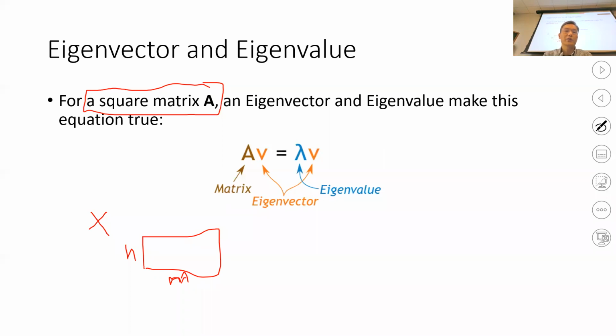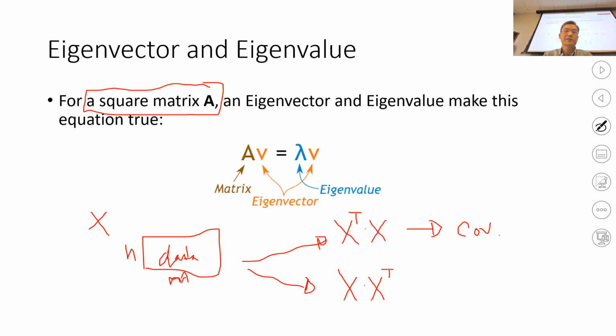But what you can do with non-squared data is make it a squared matrix by doing X transpose times X. In this way, you basically get the covariance matrix. Or you can do X times X transpose. Remember what this is called? It's called the gram matrix.